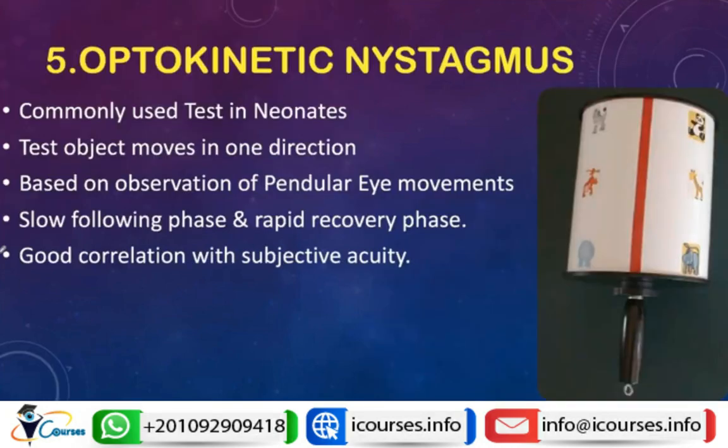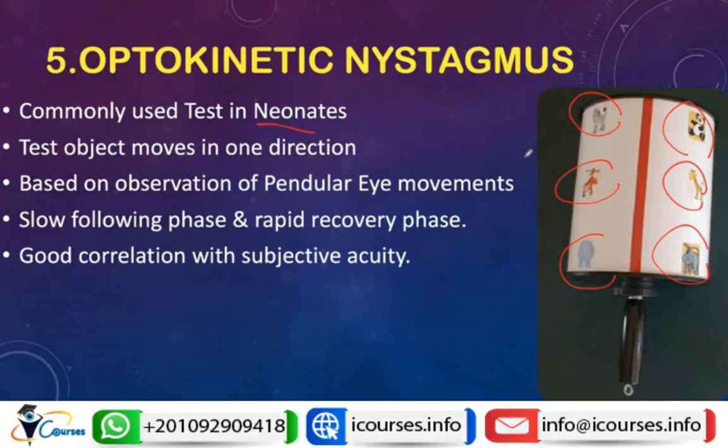Another important test used frequently in children is called optokinetic nystagmus. This can be done in the neonate, using a drum called the optokinetic drum. In this drum, we rotate it in one direction, and it has different colored targets like this. When the child fixates on one of them, it will move in a single direction.